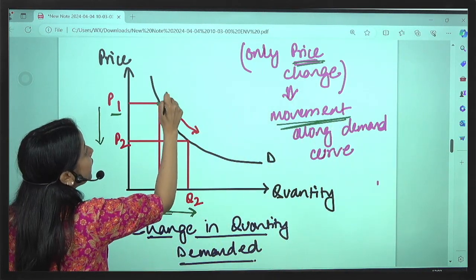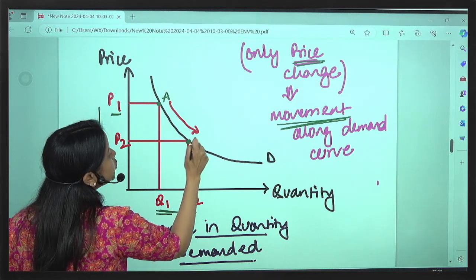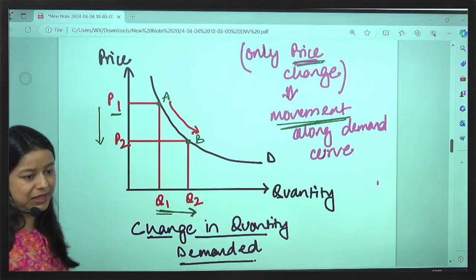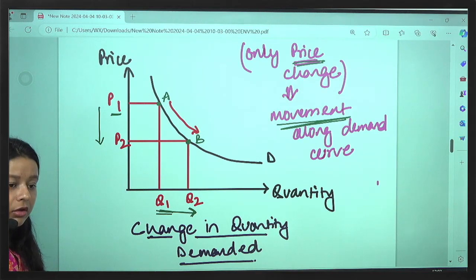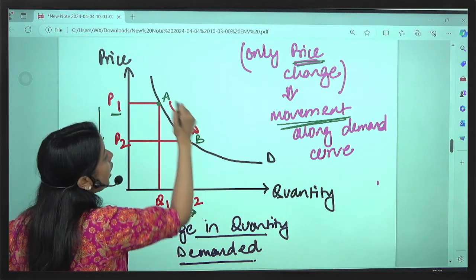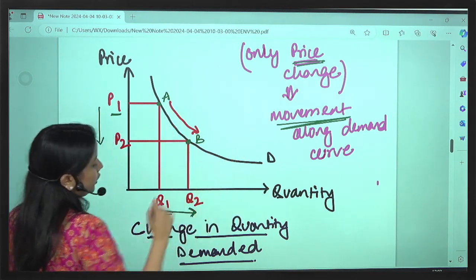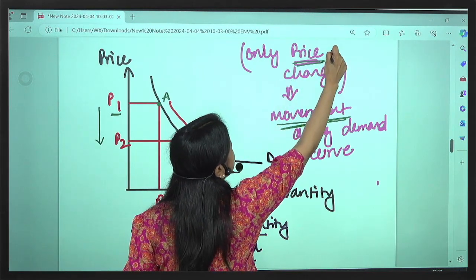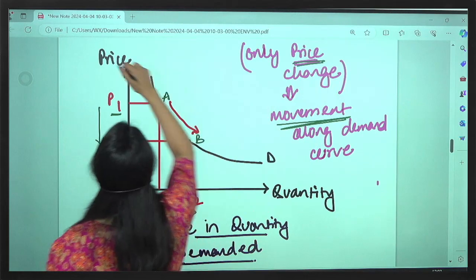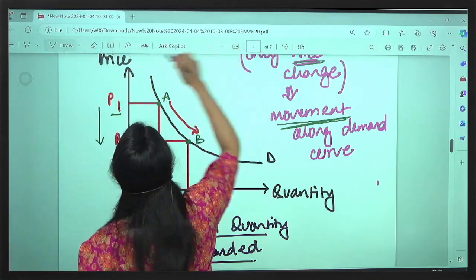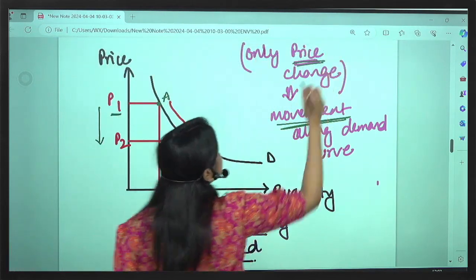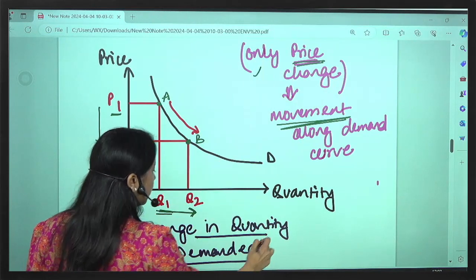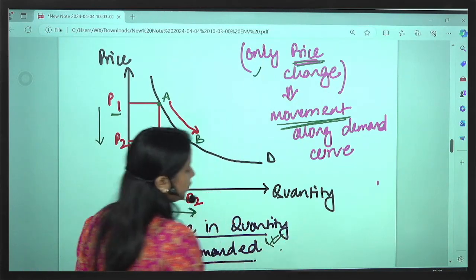From this point A, we have reached this point B. There is a movement along the demand curve, and when there is a change in the price, we say there is a change in the quantity demanded.